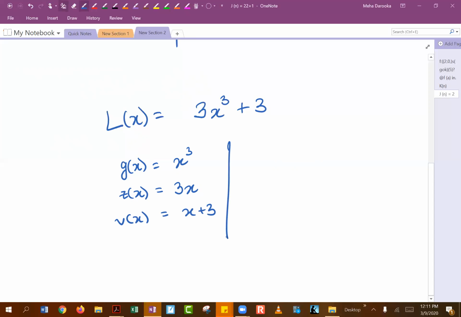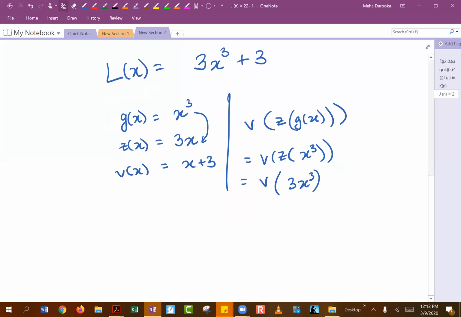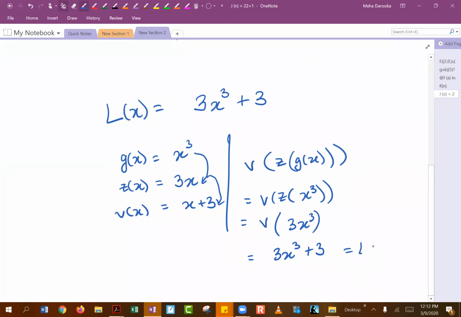Okay, so what's our composition now? We're starting with g on the inside. Then g is going inside the z function, so it is going inside here. That's 3 times x cubed. And then this whole answer will now go inside the final function, which will be 3x cubed, which is what we had to begin with.